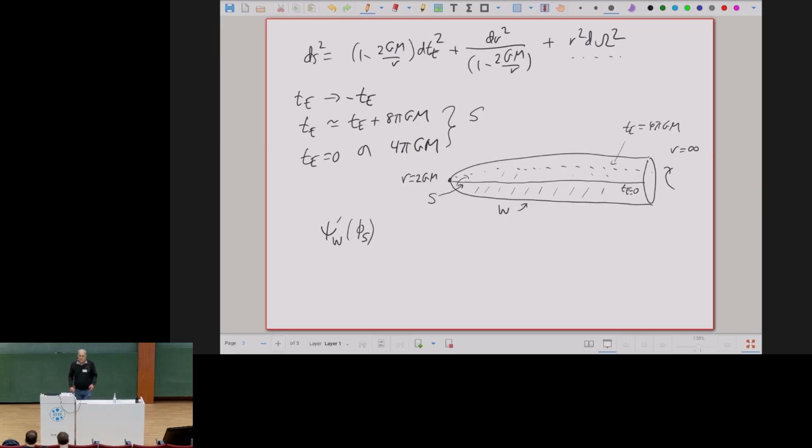S divides the two-manifold into two halves. W could be either one, but in the picture I'll take the lower half, as we took the lower hemisphere yesterday. Then the state psi W is defined in the usual way by a path integral over all fields on W, such that phi W on S is phi S. And we have the exponential of minus the action.